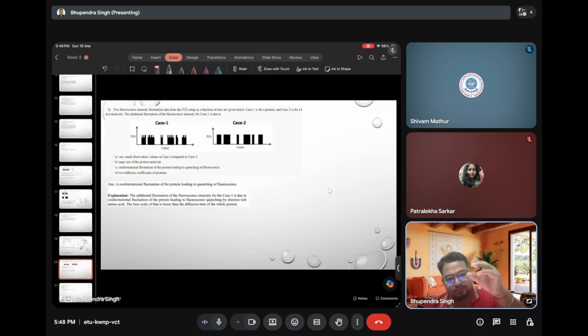The electron rich moiety, let's say histidine and others with a conjugated benzene ring, will come close and go away. If they come close, it will quench, and as soon as they are far apart, the intensity will recover. The time scale of that is shorter than the diffusion time of the whole protein. So option C is correct.